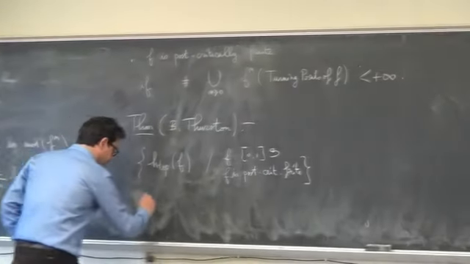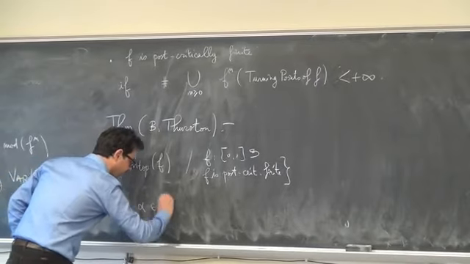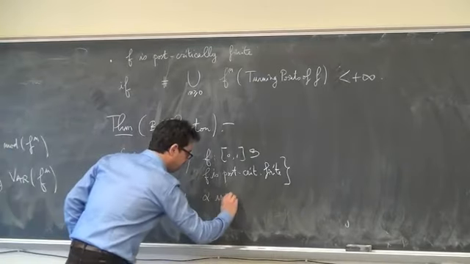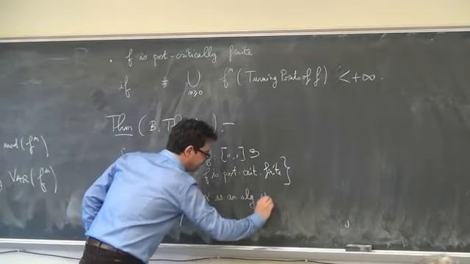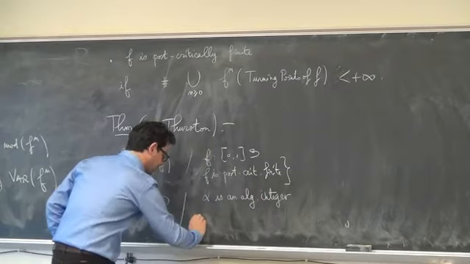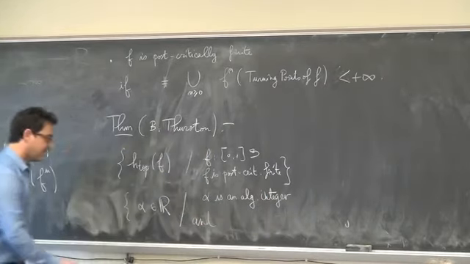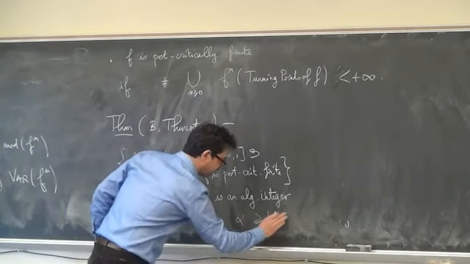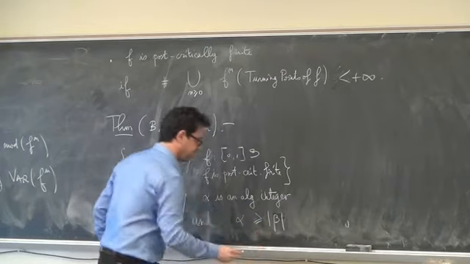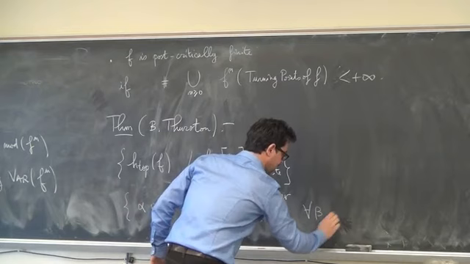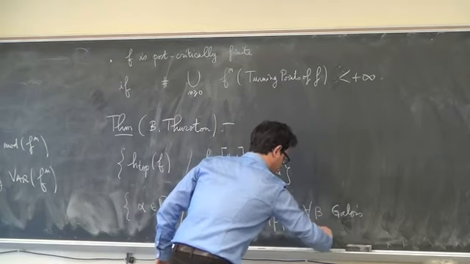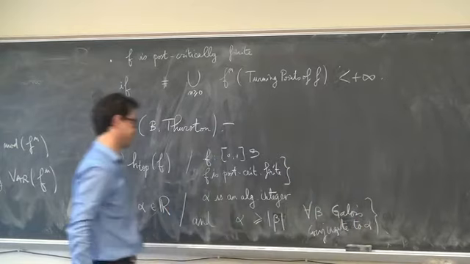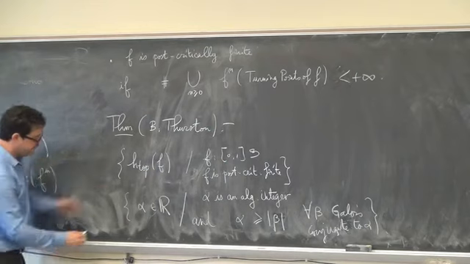And then you have a second set of numbers: the set of numbers alpha, which are real numbers, such that alpha is an algebraic integer, and alpha is larger than or equal to the absolute value, the modulus, of all its conjugates, so for all beta Galois conjugates. Then the theorem is that the two sets are equal.